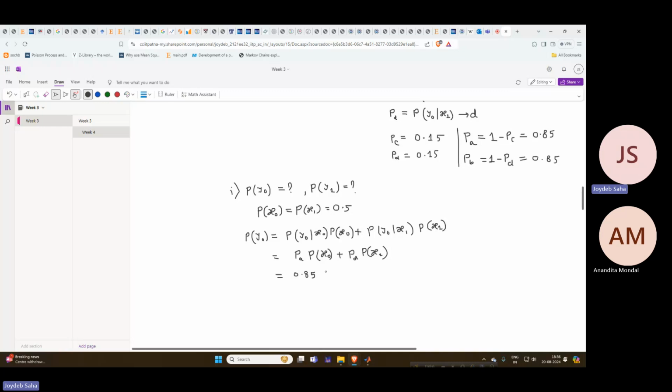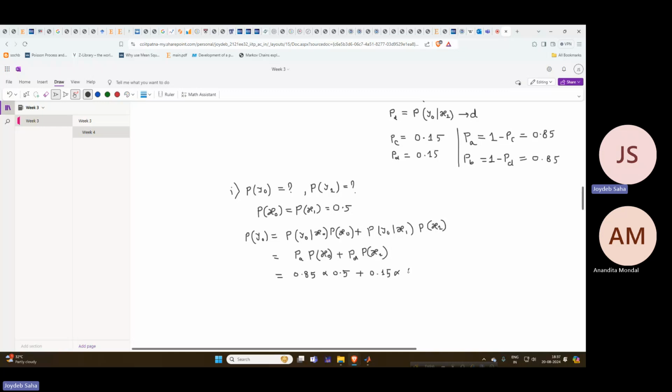Probability of x0 is 0.5, plus PD. PD we have 0.15, into x1.